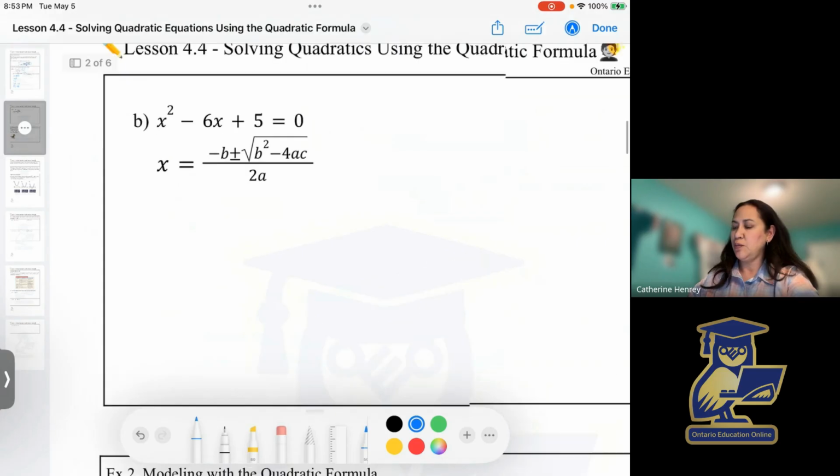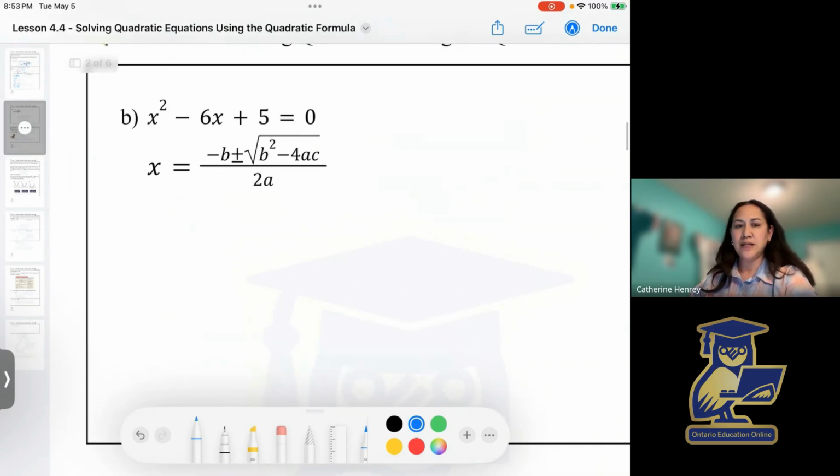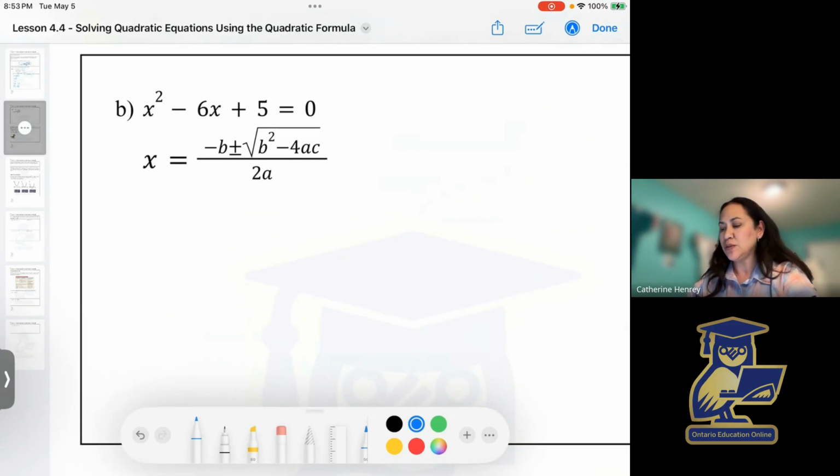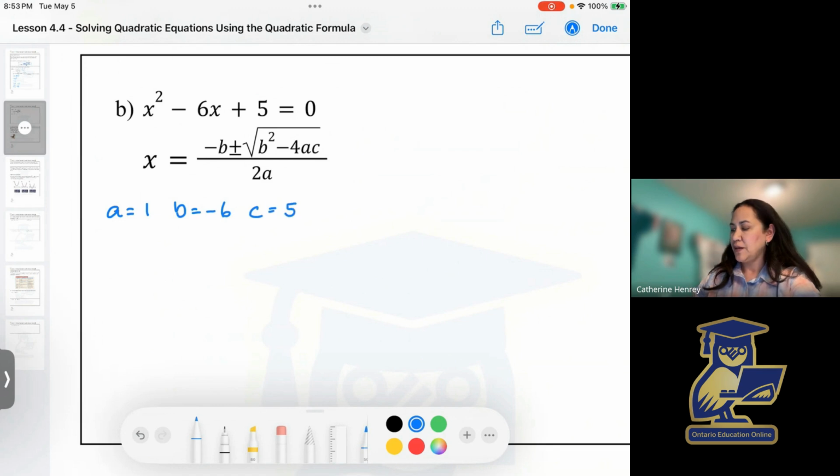So here we go. x squared minus 6x plus 5 equals 0. Let's identify what a, b, and c are. Our a is equal to 1, our b is equal to negative 6, and our c is equal to 5. So let's go ahead and substitute. We'll use our brackets in the quadratic formula.